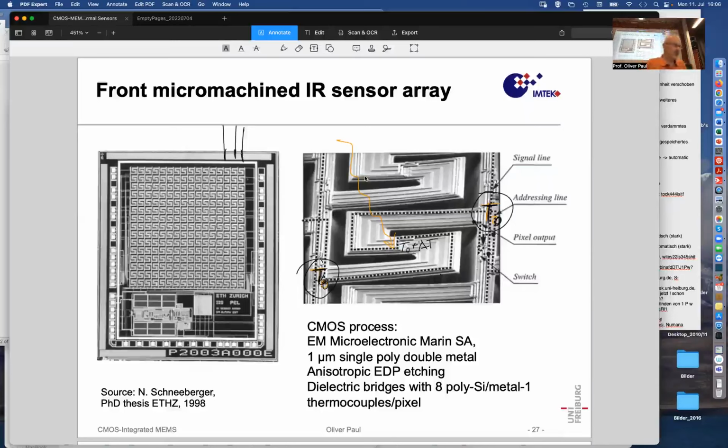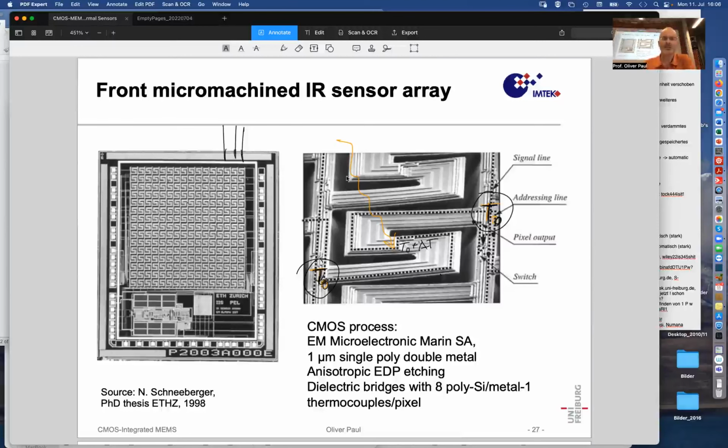For now, we're talking about thermal sensors, namely infrared sensors, and even more in particular about thermoelectric infrared sensors. And the example that I showed last week briefly was this 16 by 16 sensor array made of these 256 pixels.